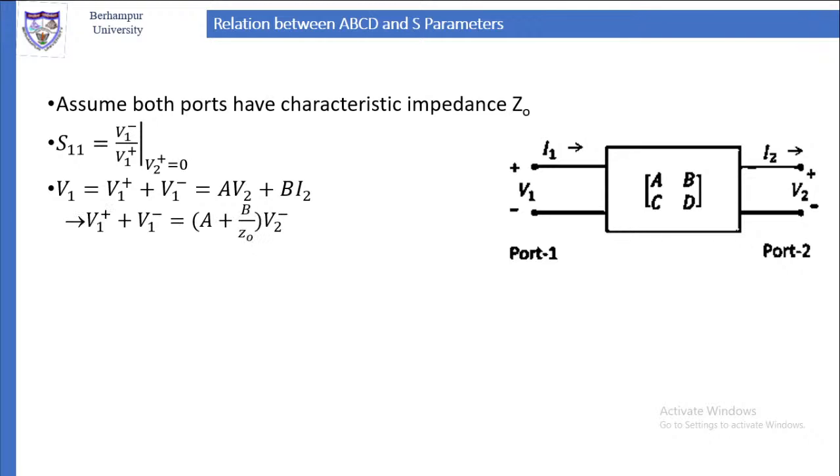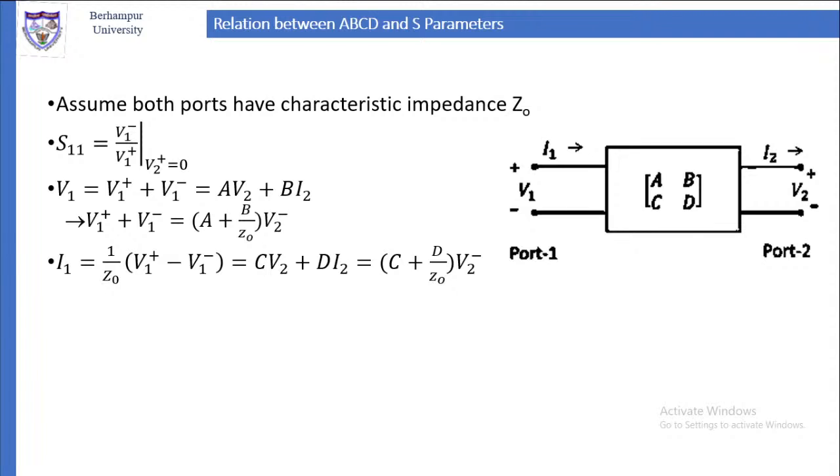From that you can say V1 plus plus V1 minus is equal to, if I take V2 common, then A plus B into I2 by V2. I2 by V2 is the characteristic impedance Z0. So V1 plus plus V1 minus is equal to A plus B by Z0 into V2 minus.